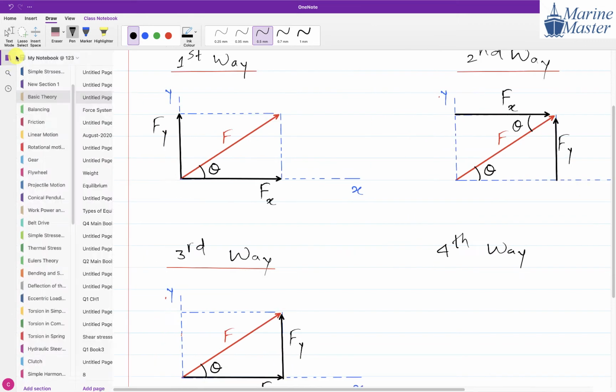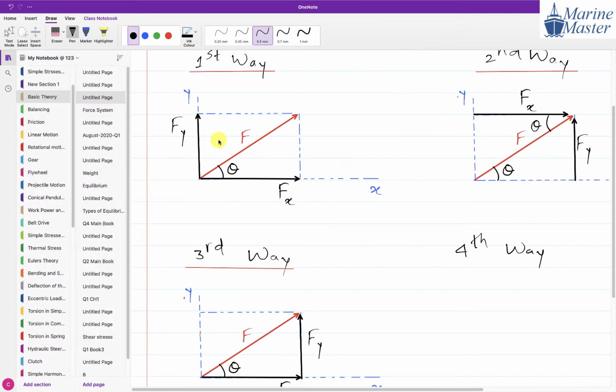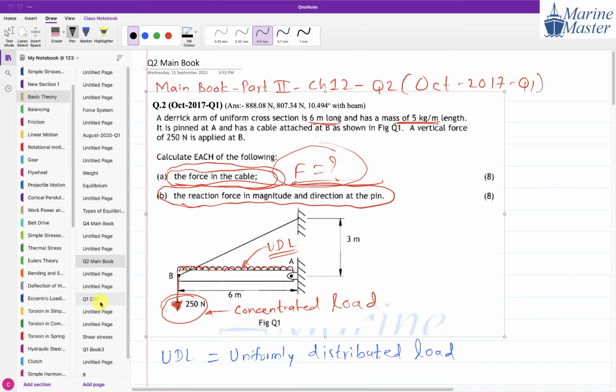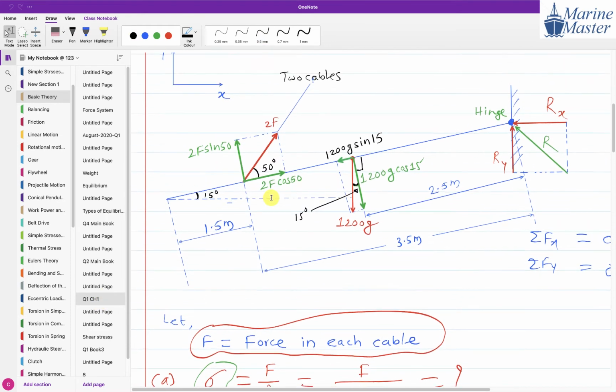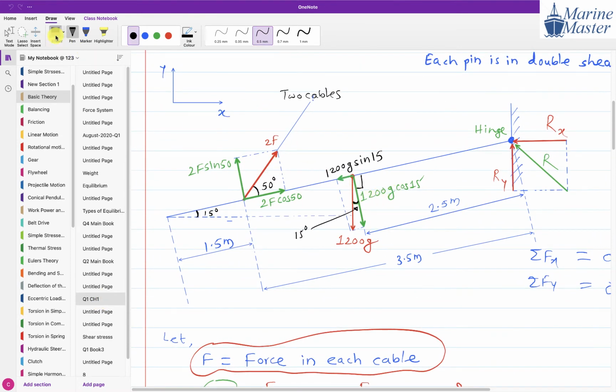Suppose this plane, one minute, I'm going to give you one example. In that, just observe the things here carefully. Now just observe this force 2F in this drawing.